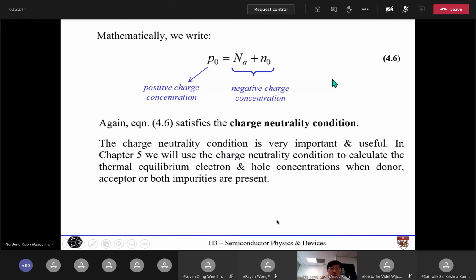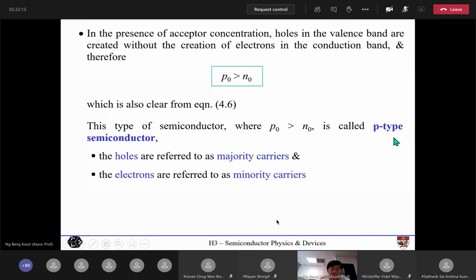Such a material is known as a p-type semiconductor material. So that's the difference between the n-type and the p-type semiconductor. This basically refers to semiconductor that has doping, giving them more electrons for n-type or more holes for p-type semiconductor.